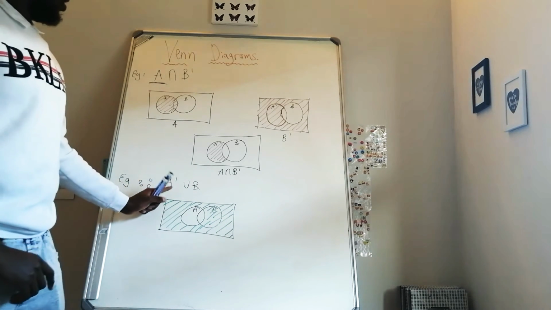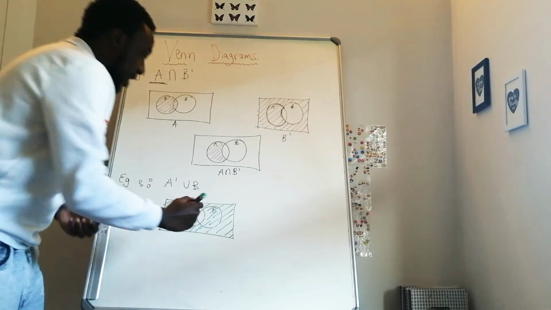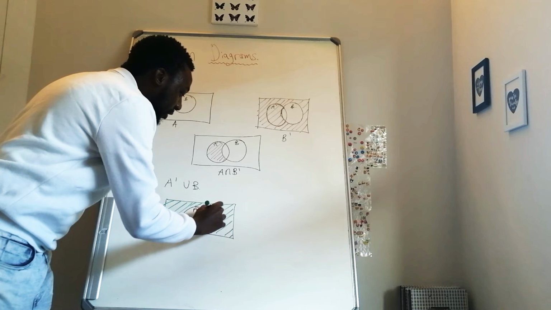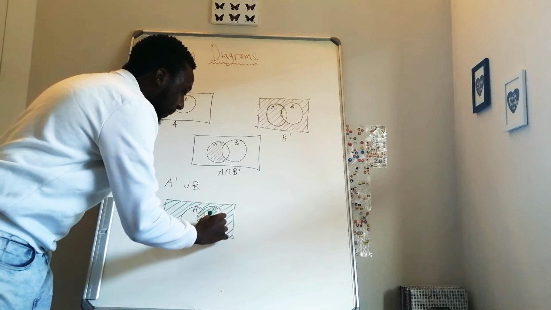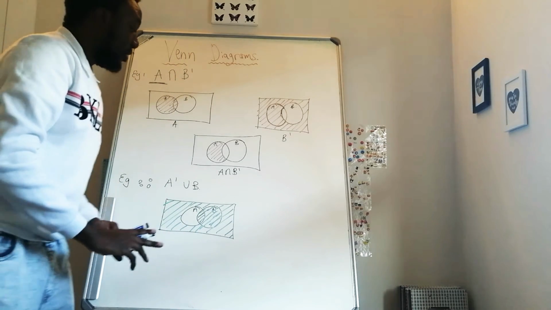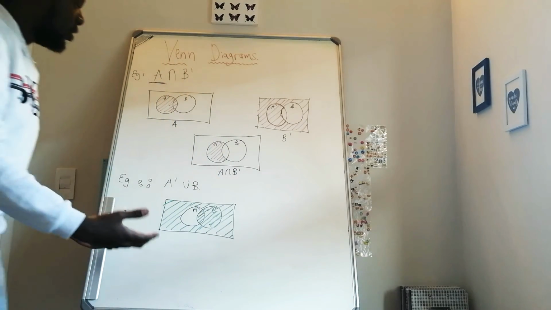And what is B? B is also this part. So now my picture will also include this part. This small area where A and B intersect. So my picture will also include that part. Why does it include that part?